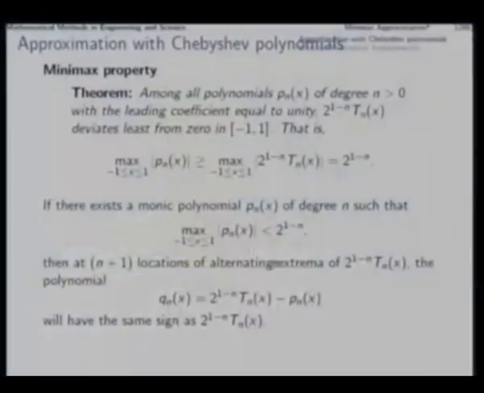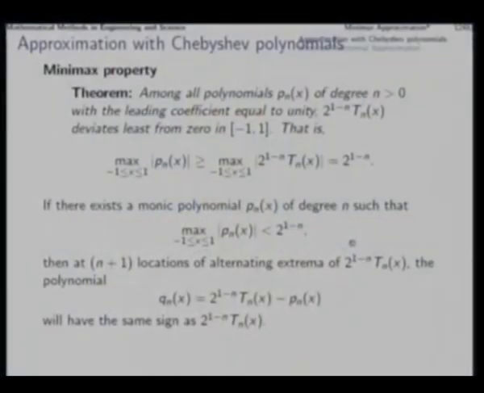We already know that the nth degree Chebyshev polynomial has n plus 1 alternate extrema, positive, negative and so on, each with this absolute value that we already know. So, at those extremum points of the Chebyshev polynomial, we consider the values of this.